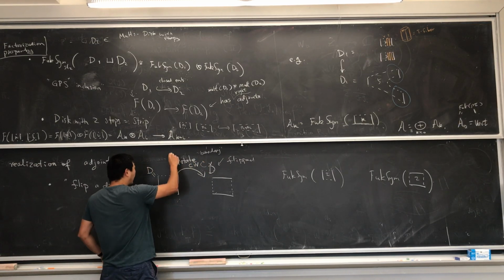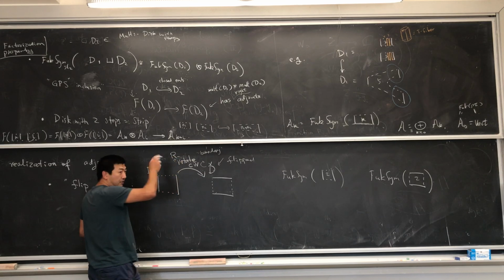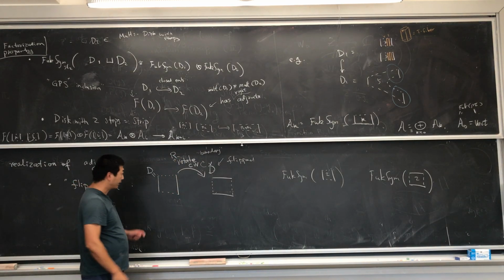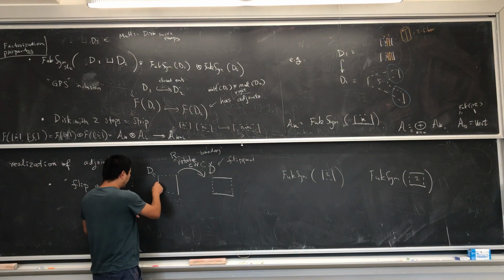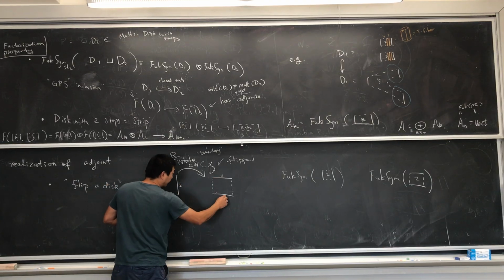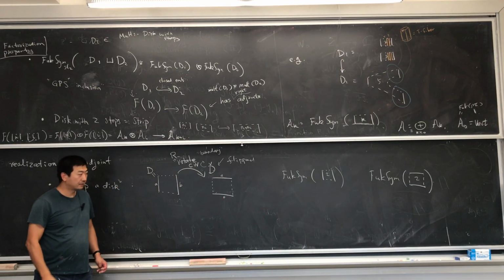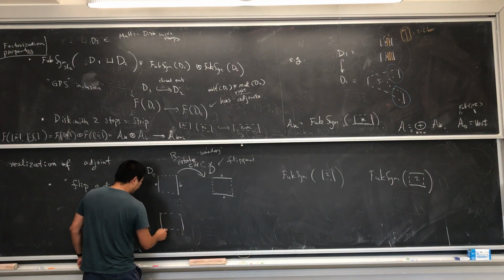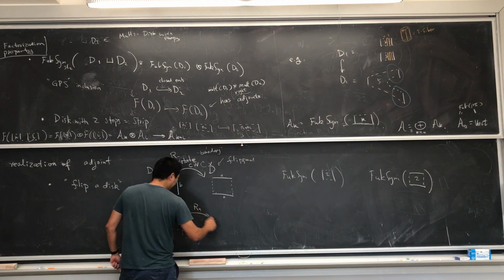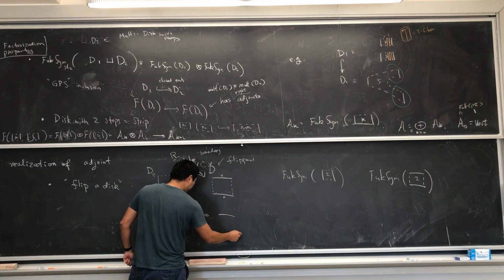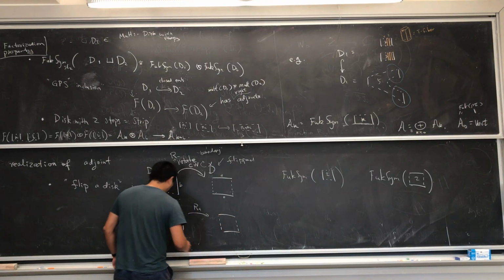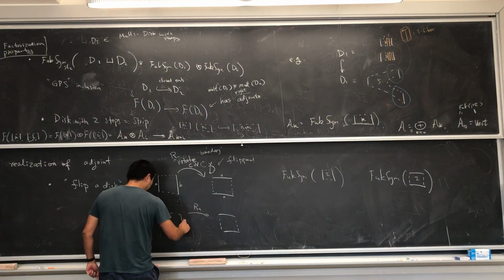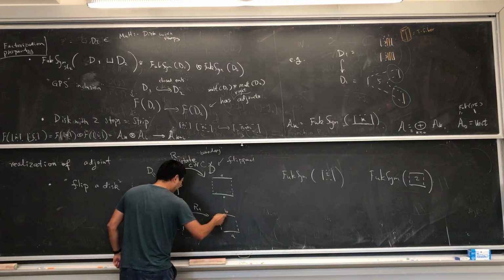I call this R minus because clockwise is a negative direction. So this AB goes to this AB. The other way is to rotate the whole thing counterclockwise, by R plus, AB goes to AB.